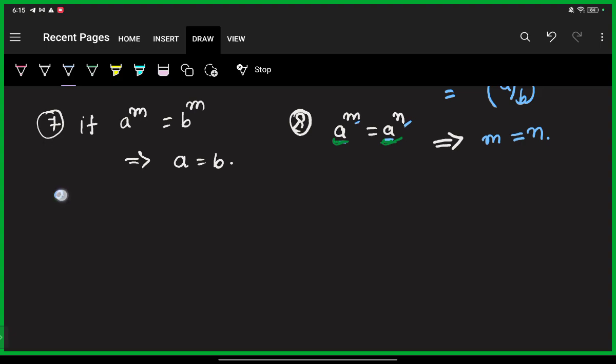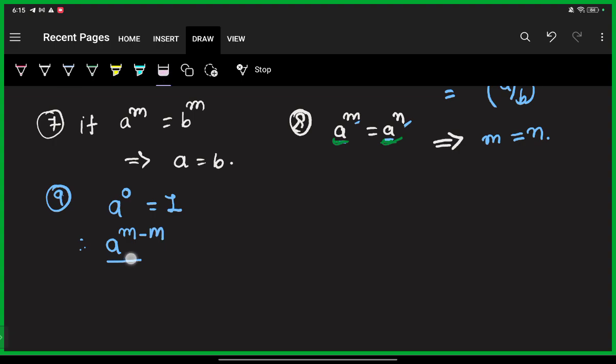अब ninth property, anything raised to 0 is 1. Okay, you must remember this thing. A raised to 0 is 1. How it is 1? So for example, let's say A is having a power m. So we can write A raised to 0 as m minus m. Yes or no?